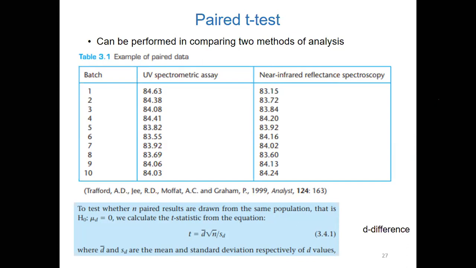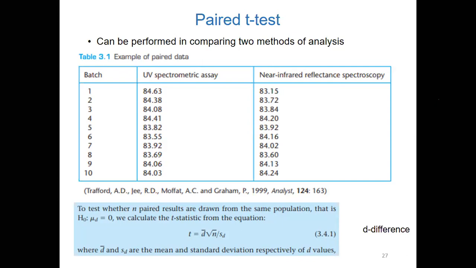For example, here a UV spectrophotometer and IR have been used to do the analysis, right? So here we have to do the t-test to compare whether both test methods give similar results or not.